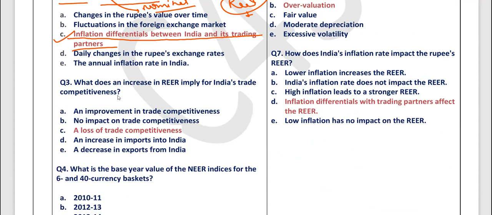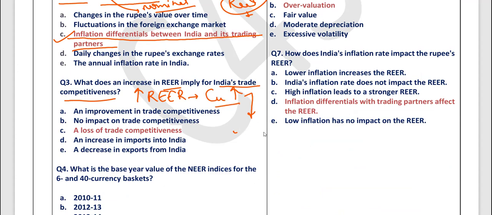So third question was, what does an increase in REER imply for India's trade competitiveness? As I told you a few moments ago, when REER increases, that means our currency is getting appreciated. Here they are asking about trade competitiveness. Trade competitiveness would be more when exports are cheap.